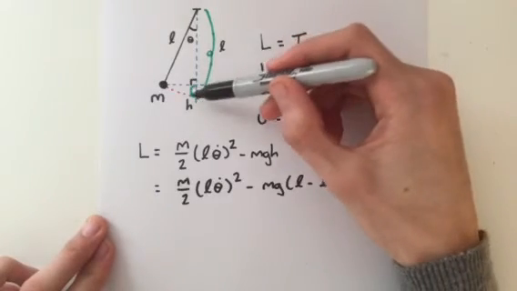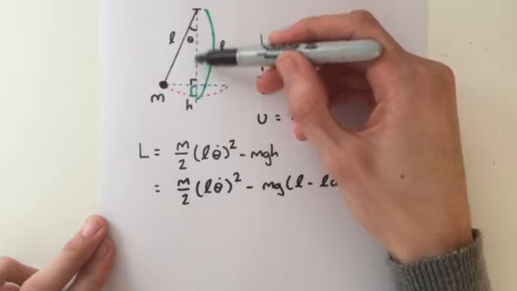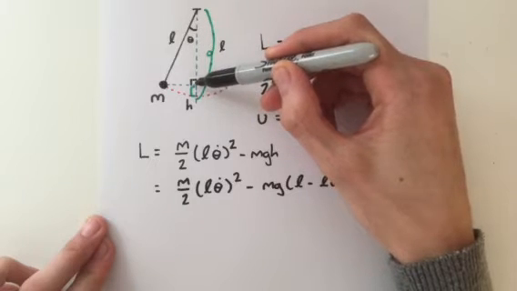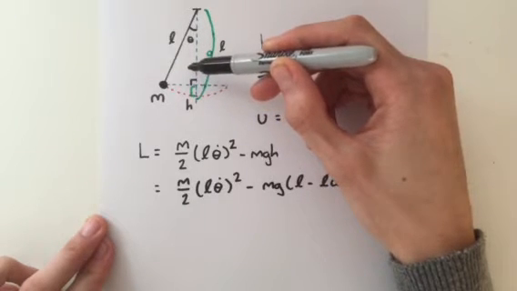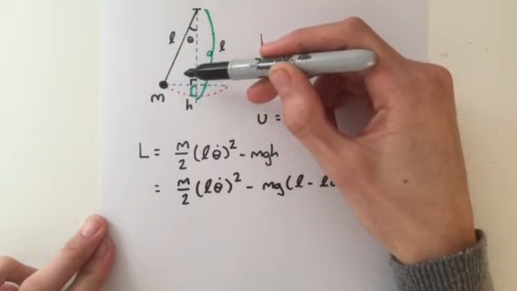So if we want to find h, we need to find this distance here. Let's use our cosine. Our cosine is equal to our adjacent divided by hypotenuse.